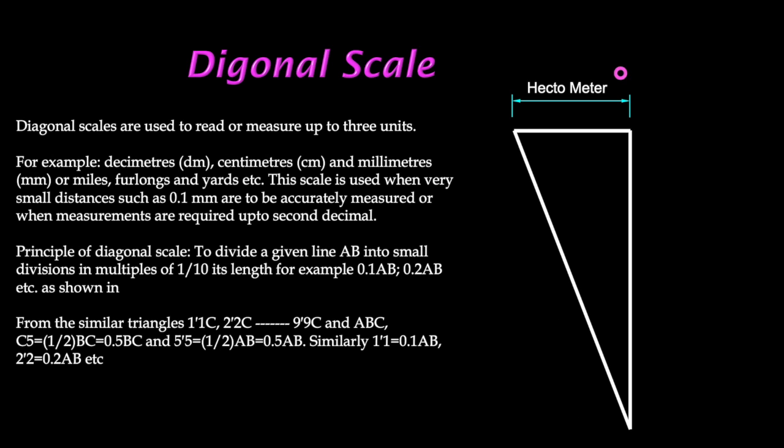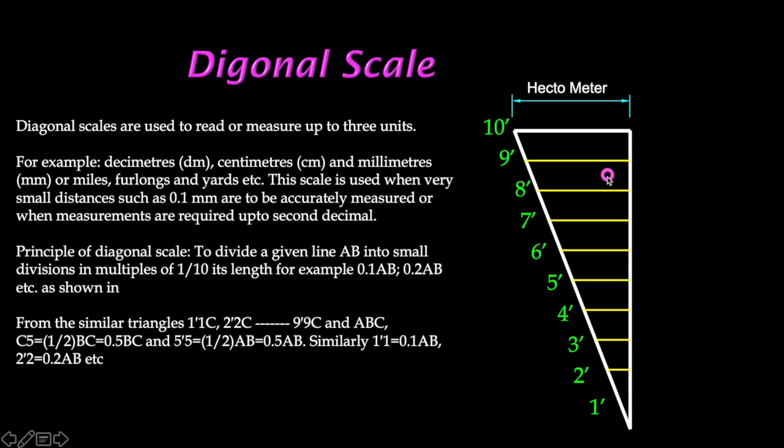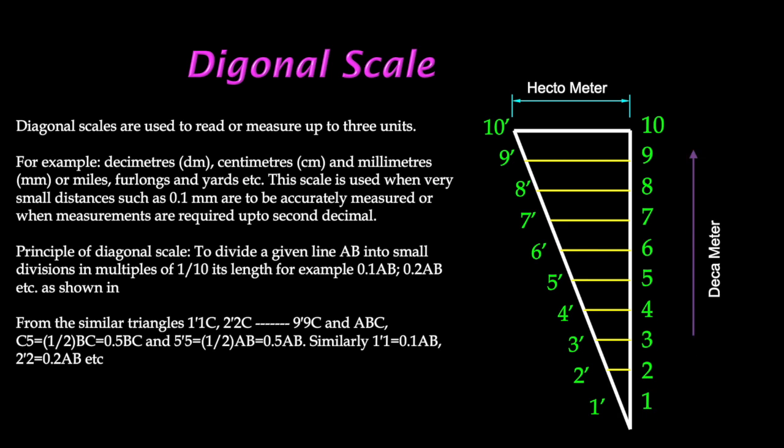The method is to join these lines and divide this line into 10 equal divisions. So these are 10 divisions up to here. Then from all these divisions, draw the horizontal lines. So these are all the horizontal lines, 10 horizontal lines. Now we can prove that, let's consider this triangle.